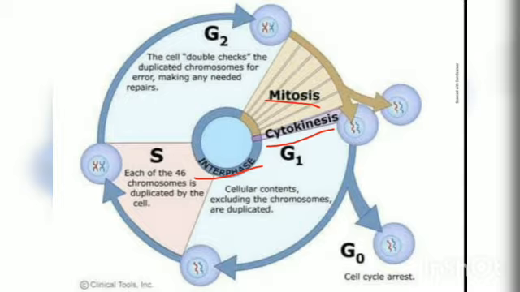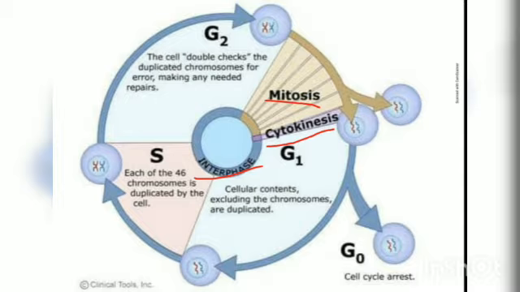And during G1, the cellular content excluding the chromosomes is duplicated, like your centrosome and other organelles. Then the S phase is called the synthesis phase.